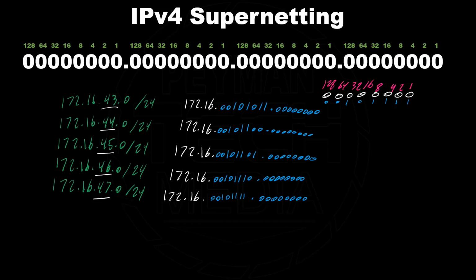Okay, so that was the first step, converting the octets that are not the same into binary. Then we have to count how many of those bits are exactly the same. We know 172, 172, that's all exactly the same. 16, 16, all the bits exactly the same in an octet.